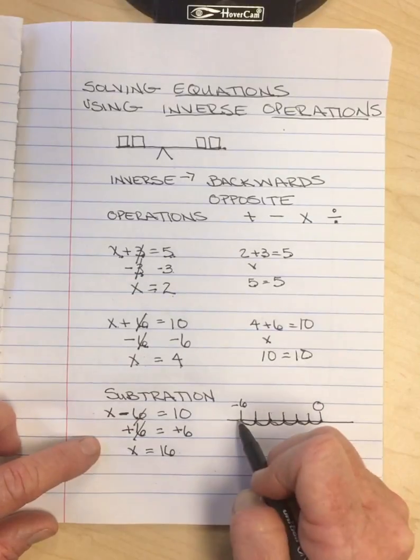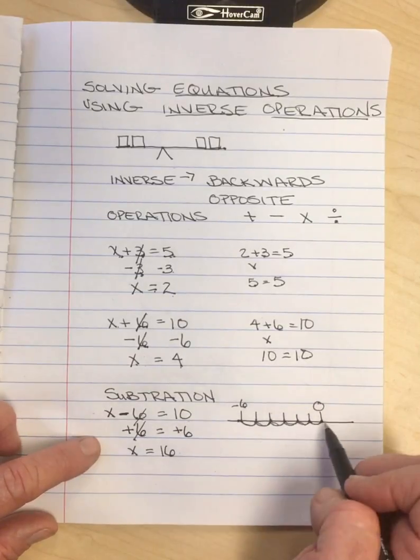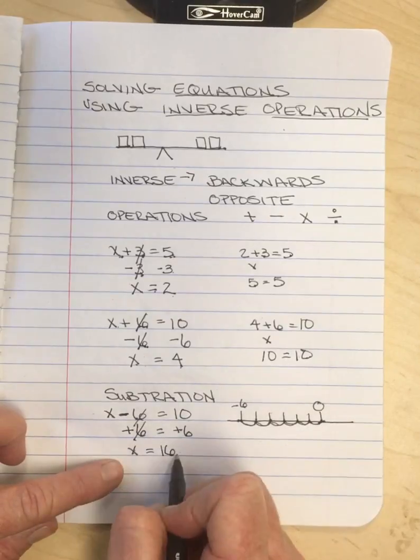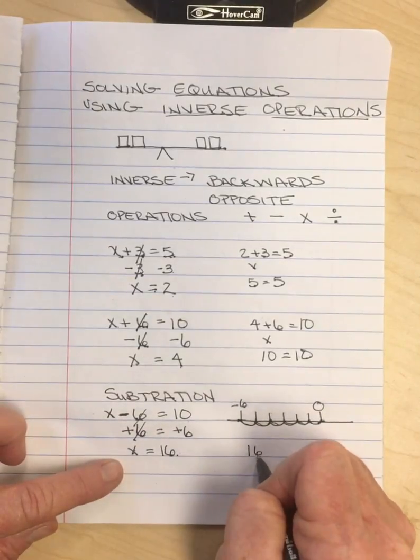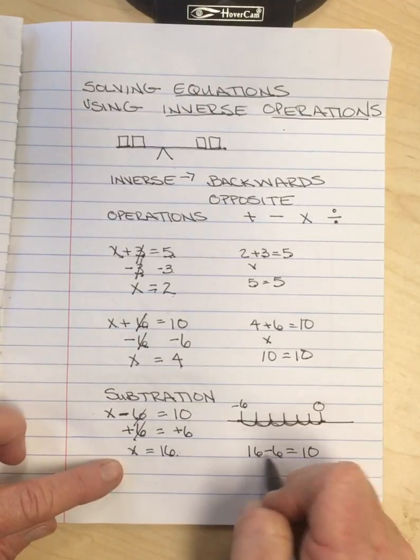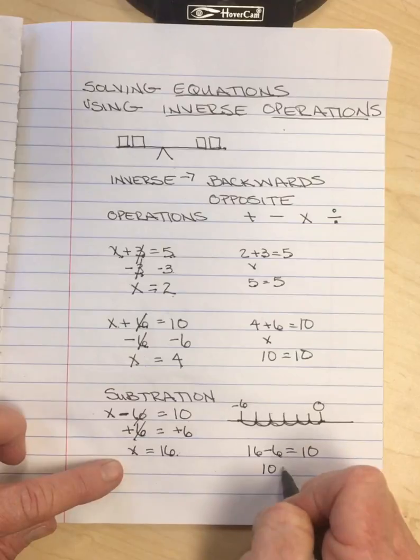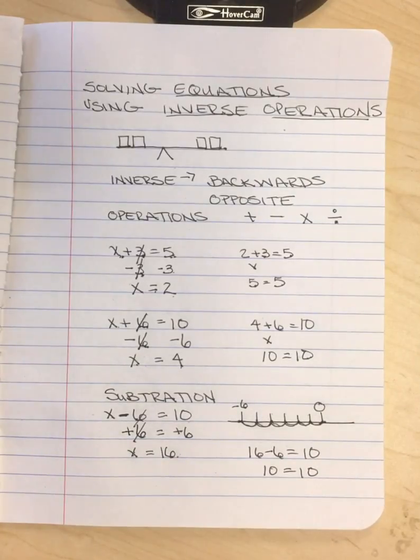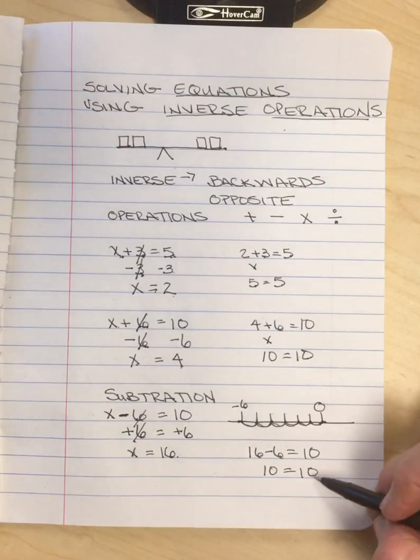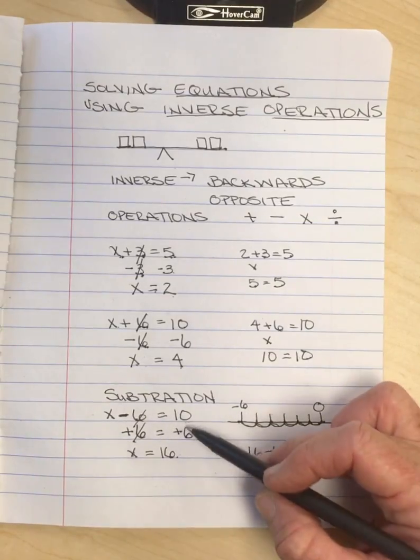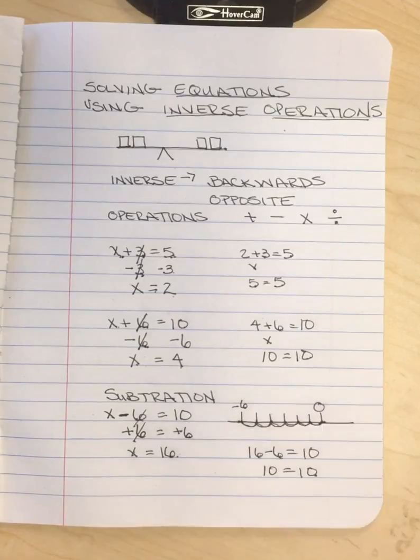So I'm subtracting 6, but since I'm adding 6 back, my answer is 0. So x is equal to 16. Let's put that into our check. 16 minus 6 is 10, and 10 is equal to 10. So it works. So this is how you lay out and complete your using inverse operation to solve a subtraction problem.